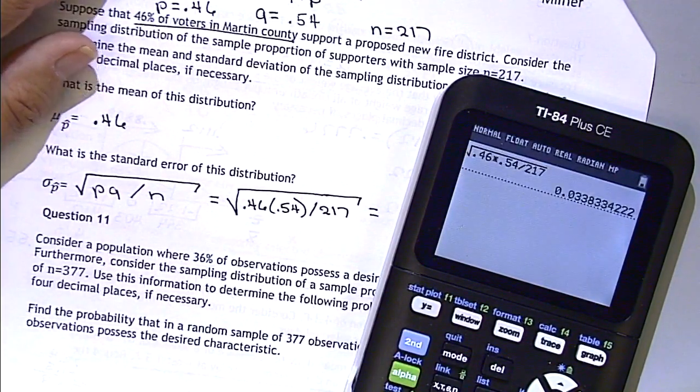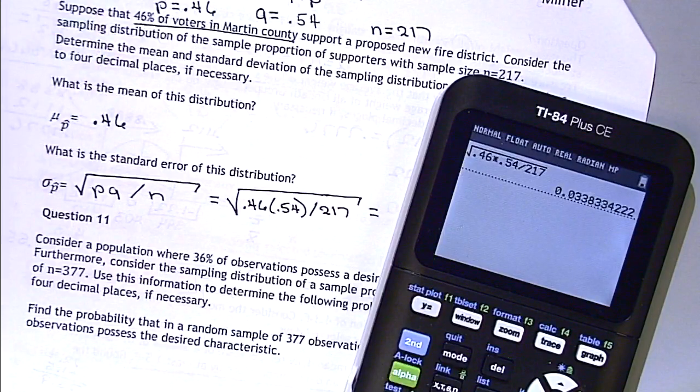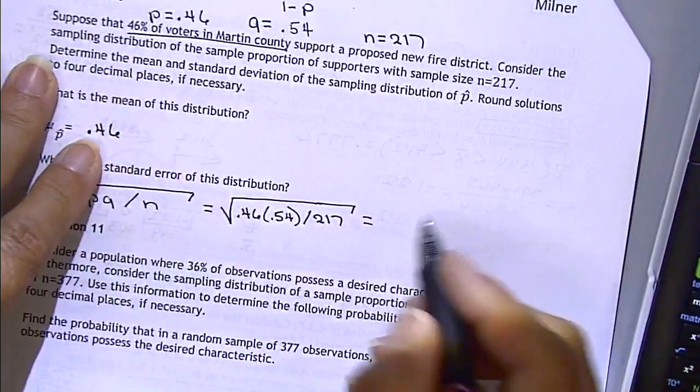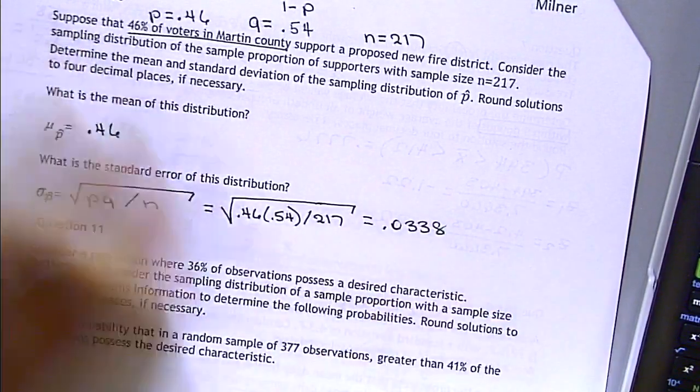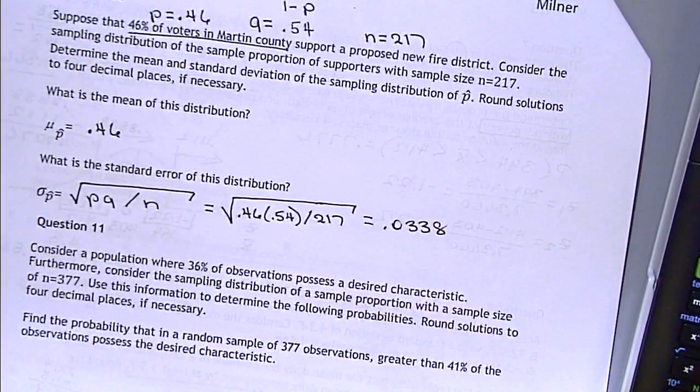And I get 0.0338. Now listen, I always find trouble because there are so many decimals in proportion problems that sometimes I have told students to go to 6 decimal places with the standard deviation of the proportion, or 8 even. But I think all of your problems are working fine with just 4. So let's keep rounding standard deviations to 4 decimal places. If you find you're not getting close enough to the answer, take your standard deviation out further, okay?